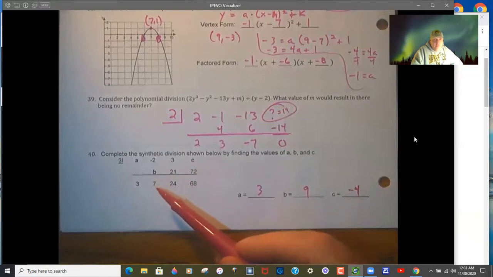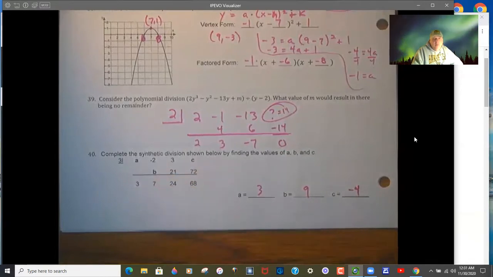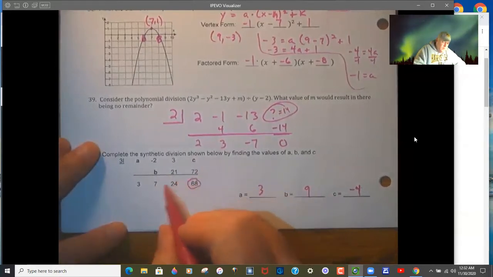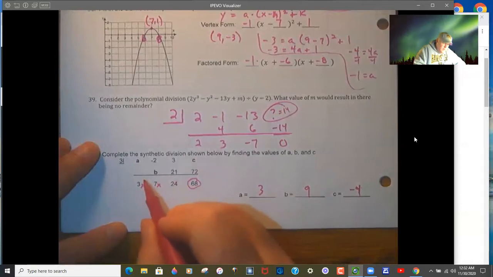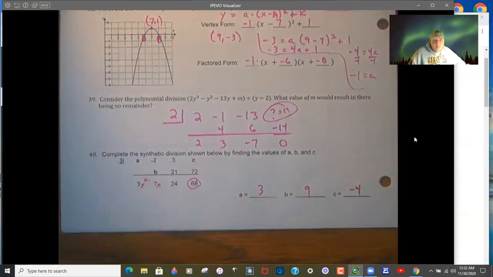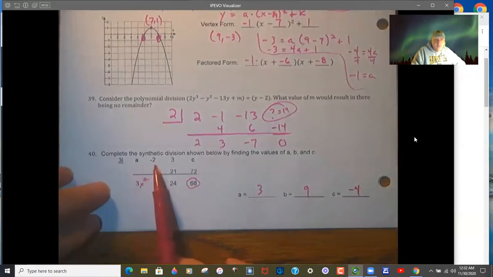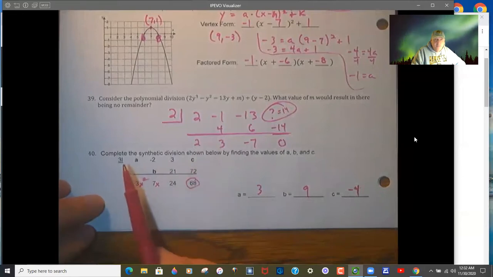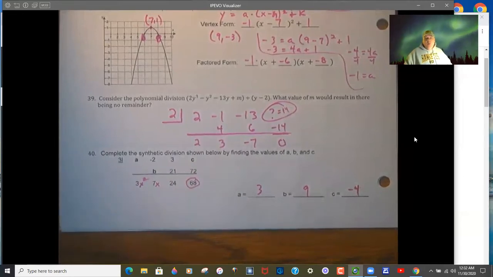If we had to figure out one of these down here, you would be adding those. So remember that, if I told you to tell me an answer here, 3x squared plus 7x plus 24 with a remainder of 68. And the original problem would be 3x cubed minus 2x squared plus 3x minus 4 divided by x minus 3. So it's seeing that whole process in those problems.